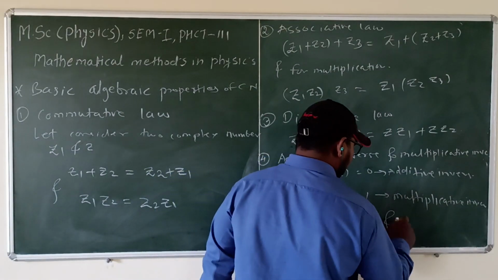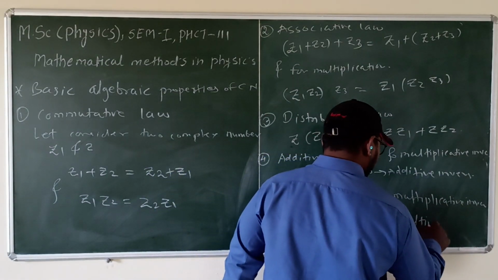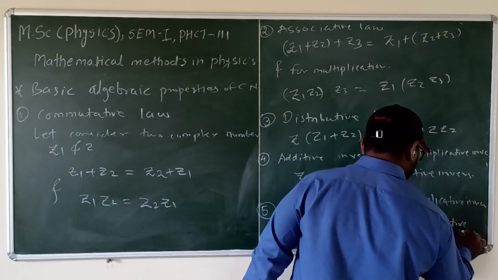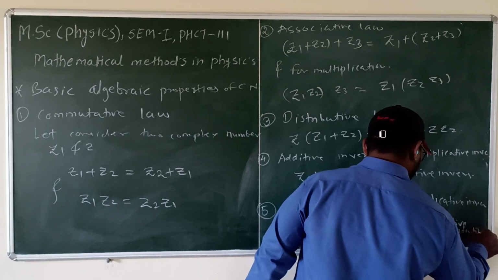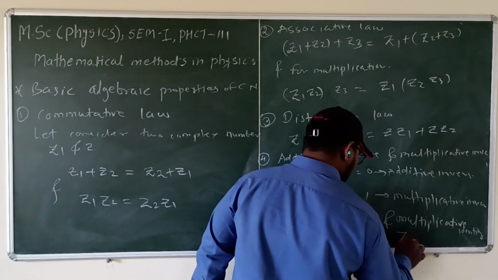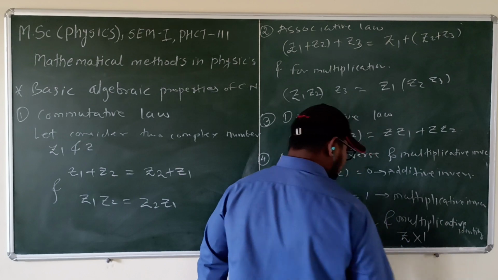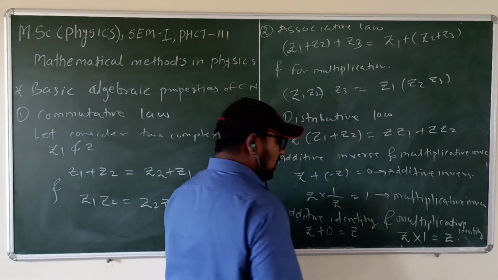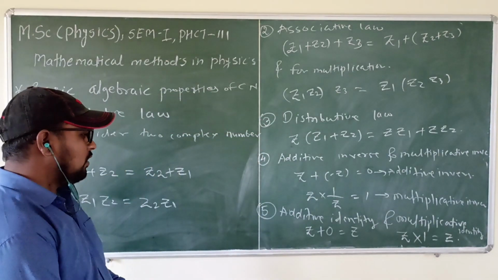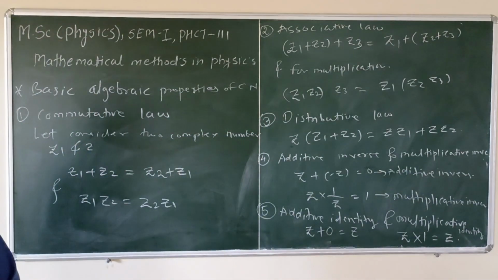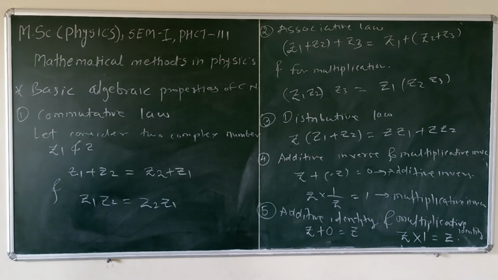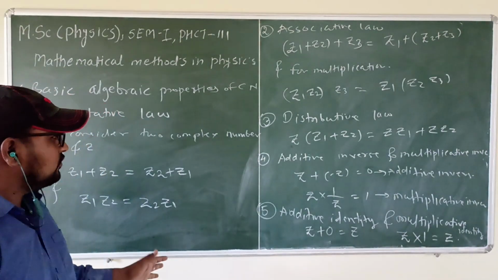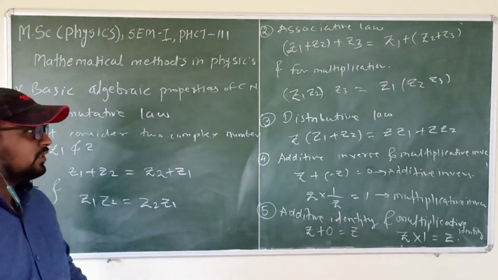And for multiplicative identity, when Z is multiplied by 1, it gives rise to Z. So the output is the same. This is called additive identity and multiplicative identity. These are some basic rules or laws or properties of complex numbers, which are similar to the general algebraic properties.